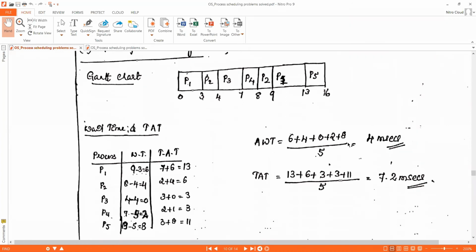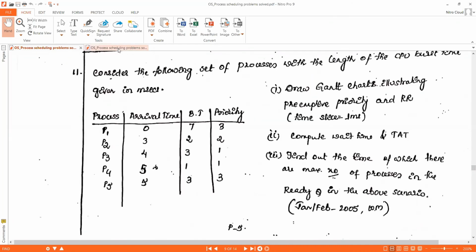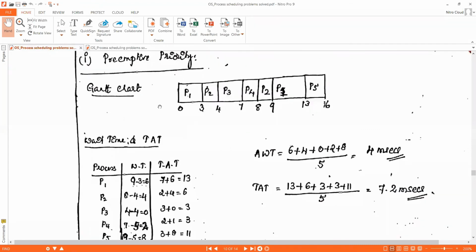Understood, right? Now we need to find the waiting time. How to find the waiting time? It is the allotted time of the process minus its arrival time. For process 1, the allotted time is 0, minus its arrival time 0, so 0 minus 0 is 0.